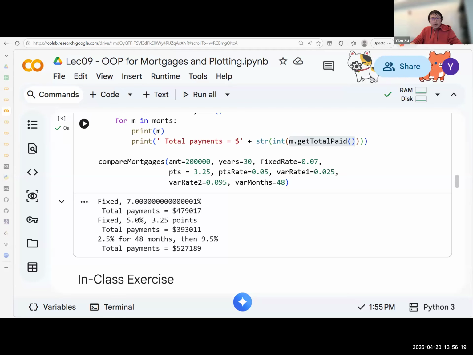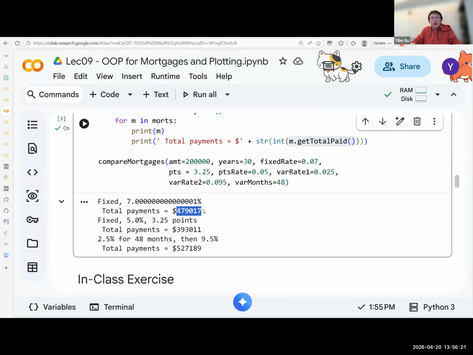If you simply want to compute how much you have paid throughout the years, as a comparison, with a 7% fixed rate you're going to pay a total of 479K. If you reduce the interest rate to 5% and pay 3.25% of the loan upfront to buy points, it's 393K.